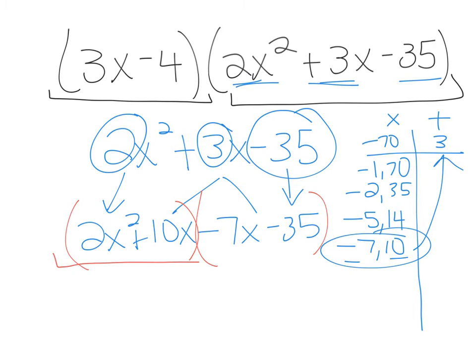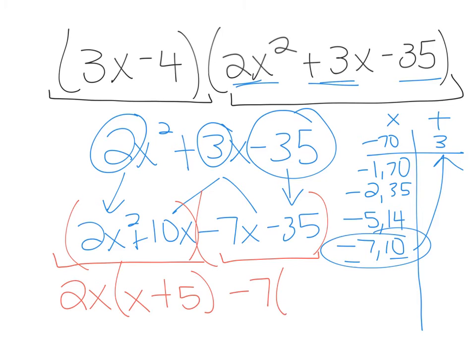I'm going to factor out the greatest common factor in the first set of parentheses, which is 2x. That leaves me with x on the first term and 5 on the second term. And here, I'm going to factor out a negative 7, which leaves me with x plus 5.